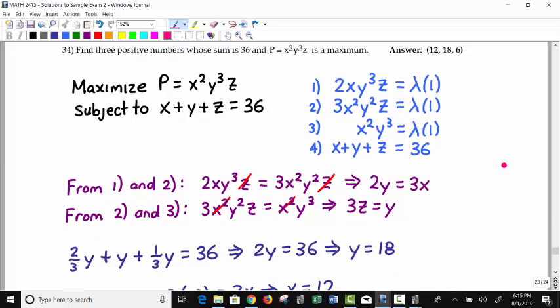As I said in that earlier example, you can divide by variables here when you know they're positive. So I didn't show it here, but if you divide both sides by x, you'll kill this x and leave an x on the right side. And if you divide both sides by y squared, you'll get rid of the y squared on the right and you're left with a y. So you have 2y equals 3x.